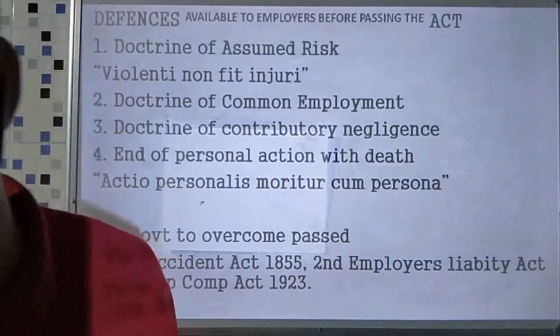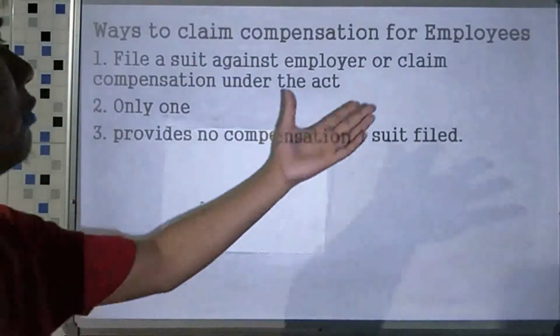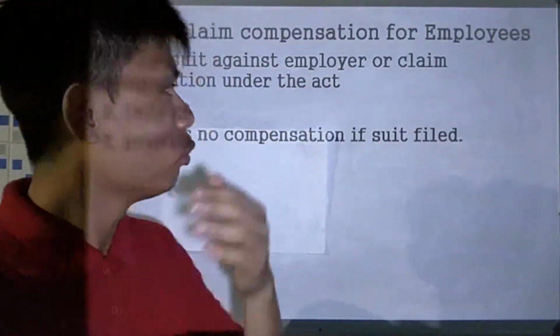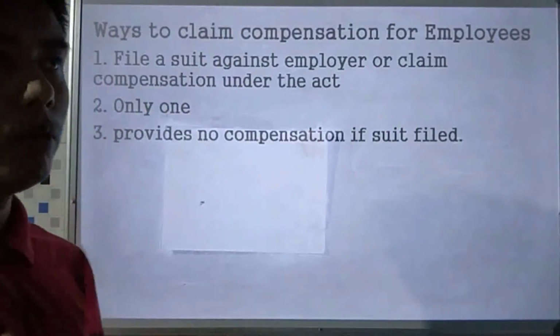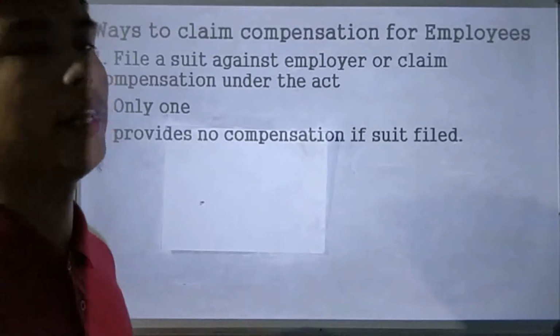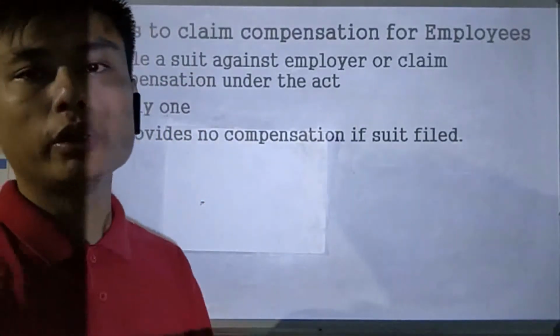Now, ways to claim compensation for employees. So what does it say here? Now, I, an employee, or anyone, you, me, it might be anyone. Let's say we got an accident, or there was an injury.